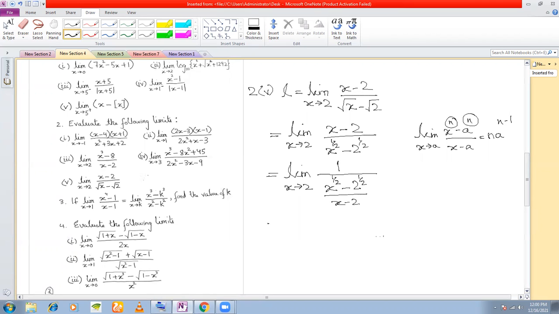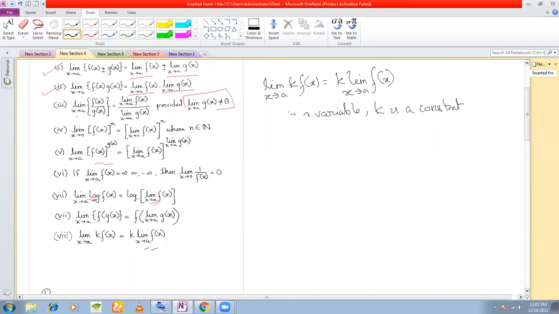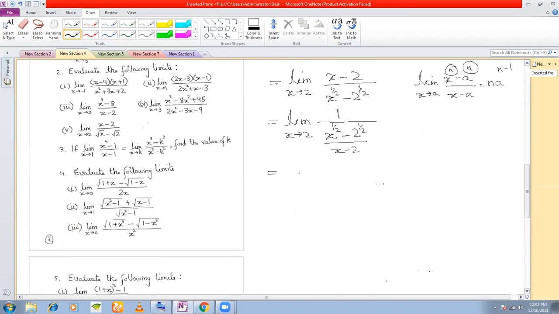Now what happens? According to the standard limit here, limit x tends to a f x by g x, you can distribute the limit over the numerator and the denominator, right? So this becomes limit x tends to 2, 1 divided by limit x tends to 2, x to the power of half minus 2 to the power of half divided by x minus 2.